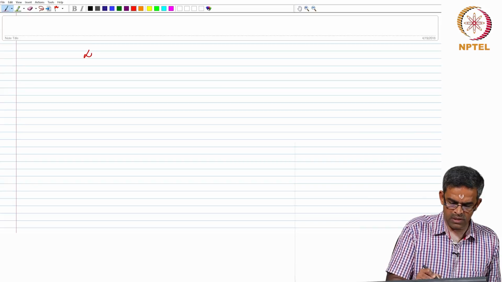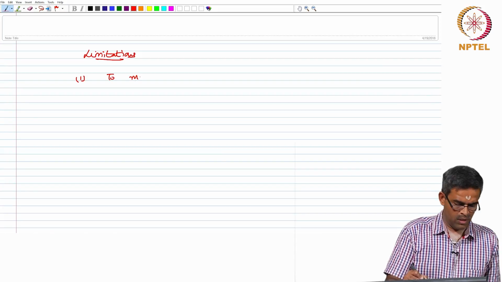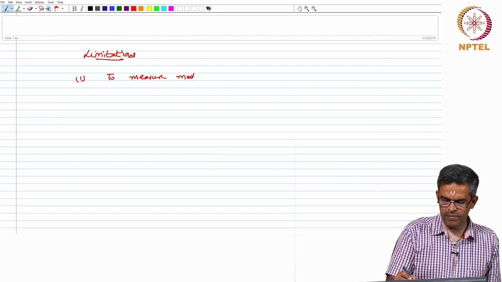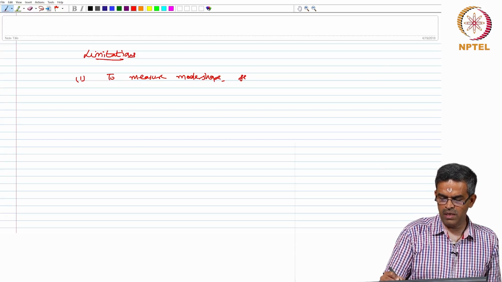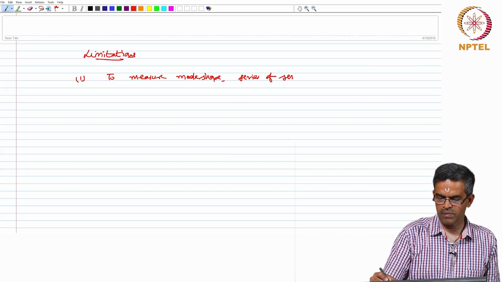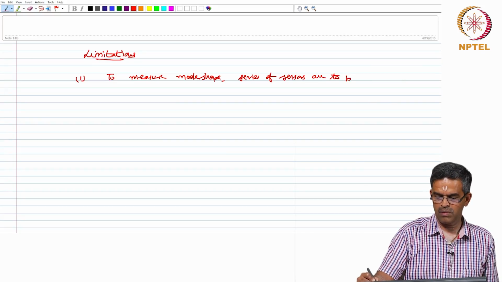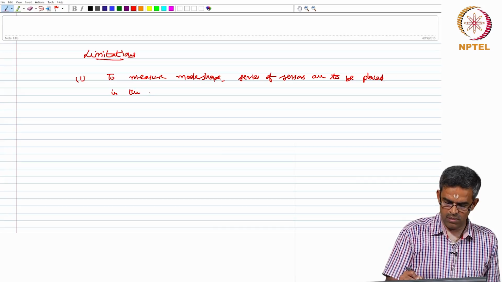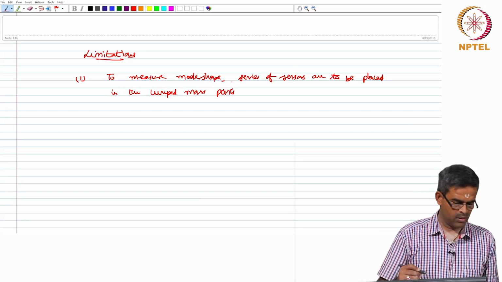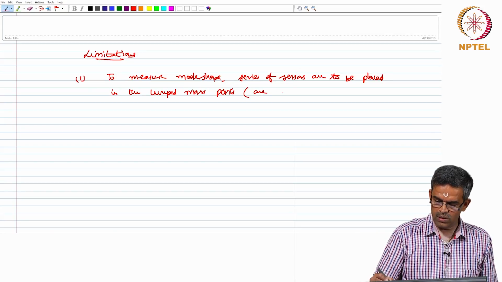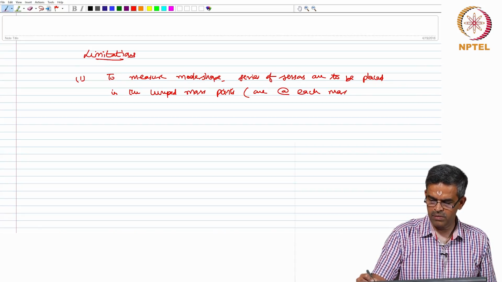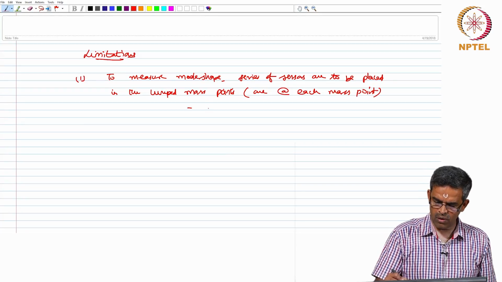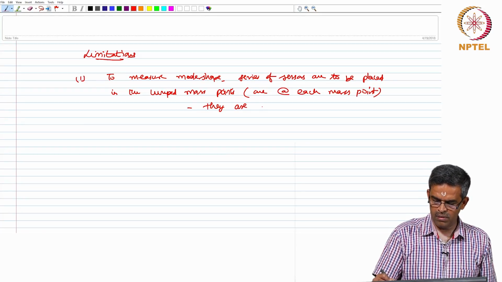However, these methods have some limitations. In fact, to measure a mode shape, series of sensors are required, in fact, one at each mass point. So, by that logic they are expensive.